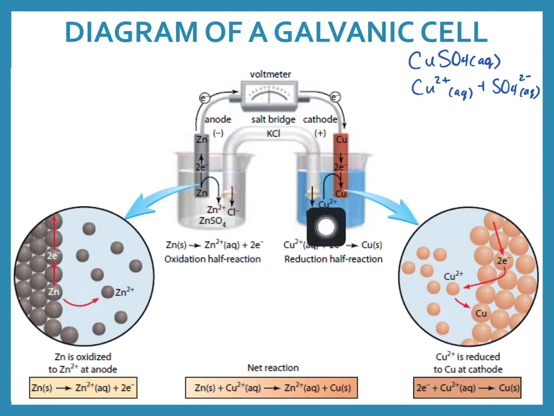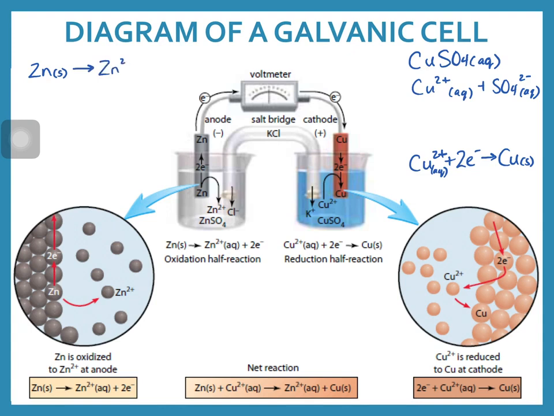And as that copper ion comes in contact with the electrode, it's going to pick up 2 electrons and become a copper atom. So we have aqueous copper ions gaining 2 electrons to become solid copper. And then the reverse was happening on this side. Zinc atoms were splitting into zinc ions, which were moving into solution, and then 2 electrons, which were moving around the wire over to the copper electrode.